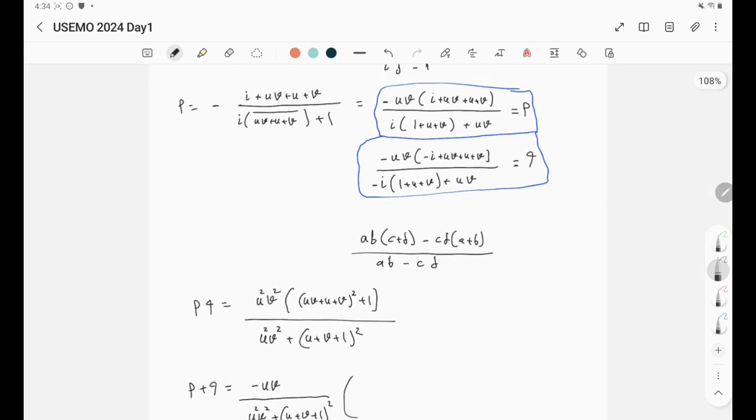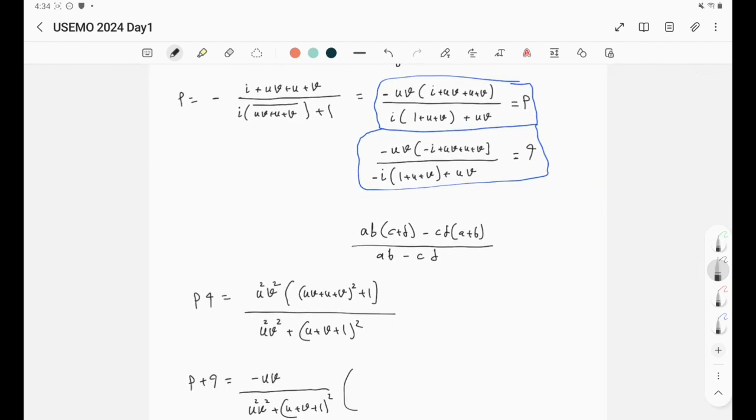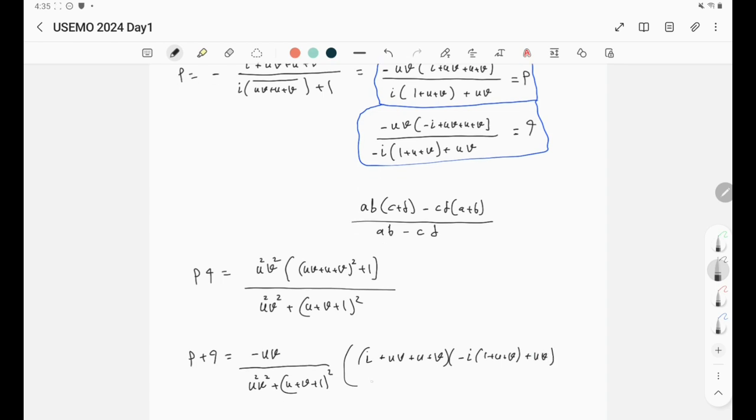So let's just zoom out and try to multiply these. First of all, we have I plus U plus V, I plus UV plus U plus V, multiplied by that thing. So it's just going to be, let me write it, minus I... okay, that's the first part.